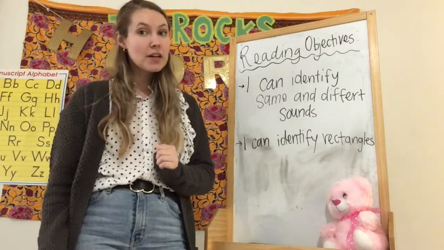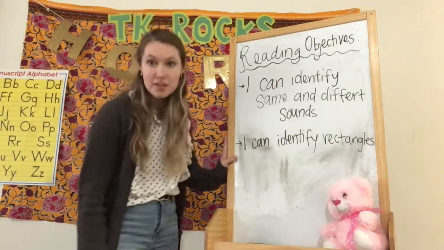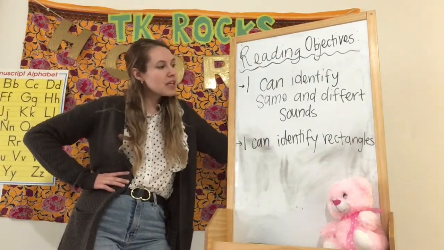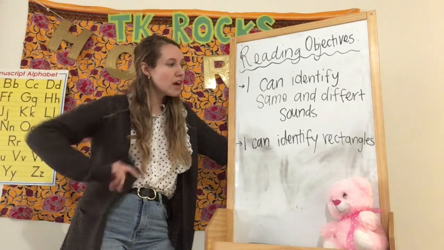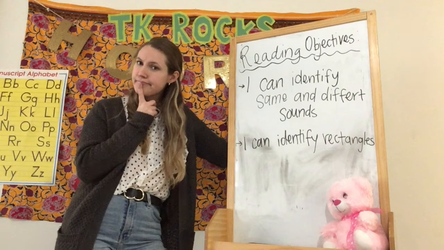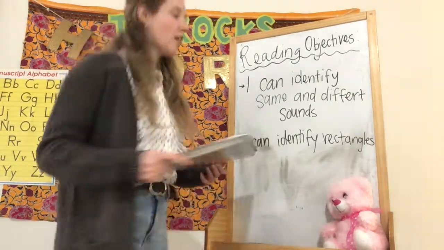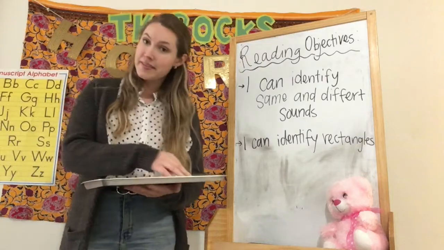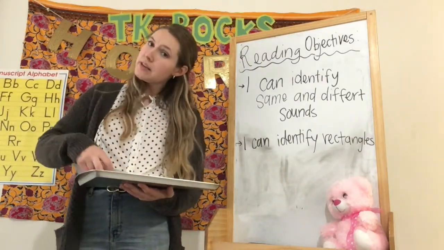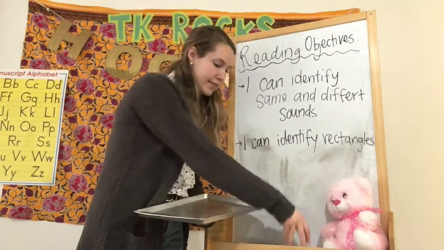And before we get started, we're going to think about what tools we're going to need to use today to master these objectives. So what do we think we're going to need to use to master identifying same and different sounds? While you think about it, I'm going to get my magnet board. Okay, so thinking about same and different sounds. Now usually when we say identify, we're thinking about finding with our eyes.